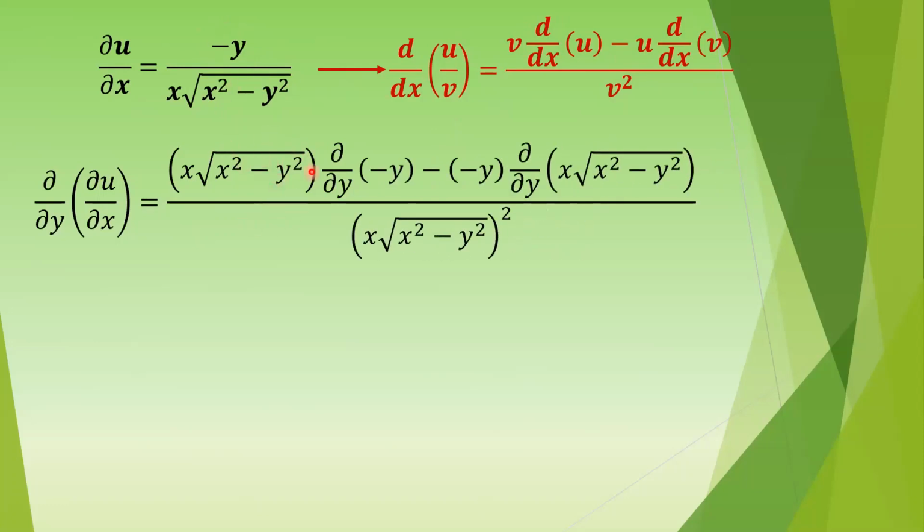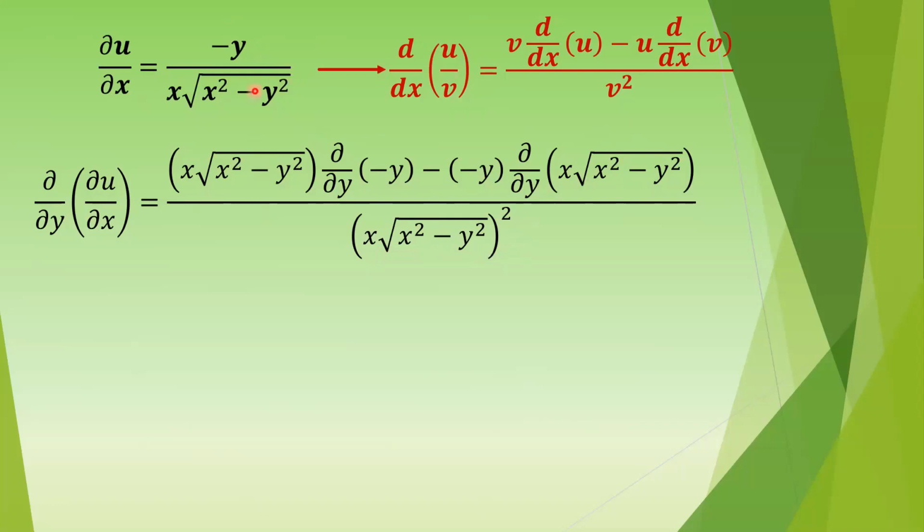Okay, so we have B muna, ito ating denominator, x square root of x squared minus y squared. Then, derivative of u, negative y, with respect to y na tayo ngayon dito, minus, again, u, negative y, derivative, partial derivative of your denominator, x square root of x squared minus y squared, with respect to y, all divided by yung b squared, x times square root of x squared minus y squared quantity squared.